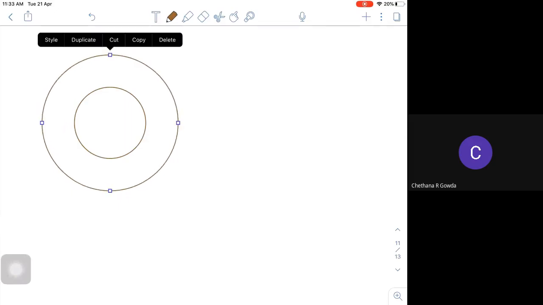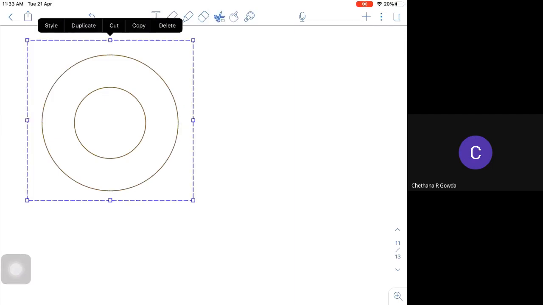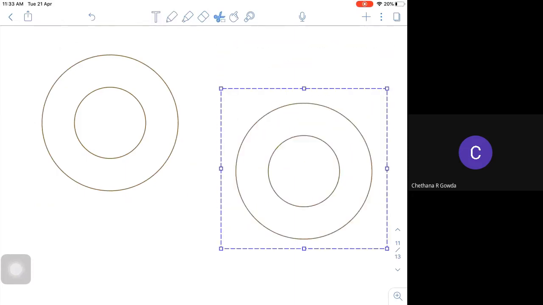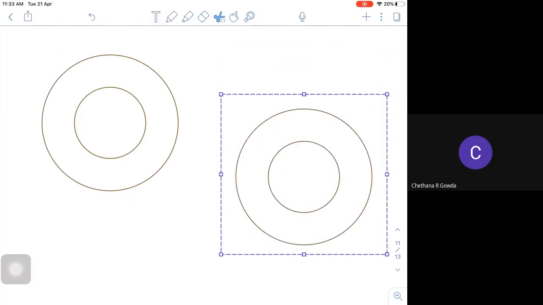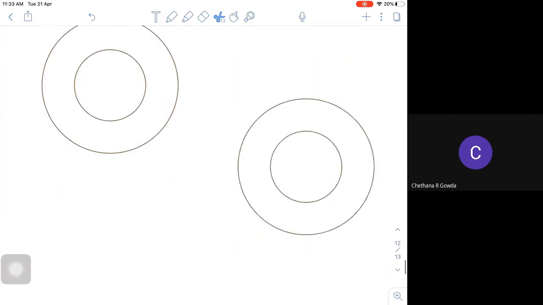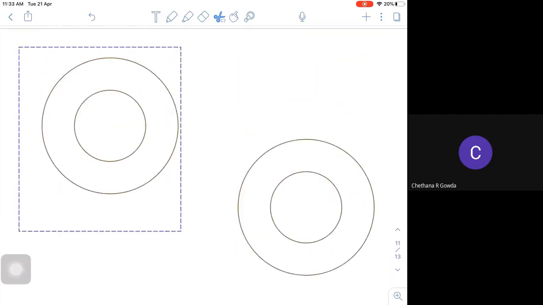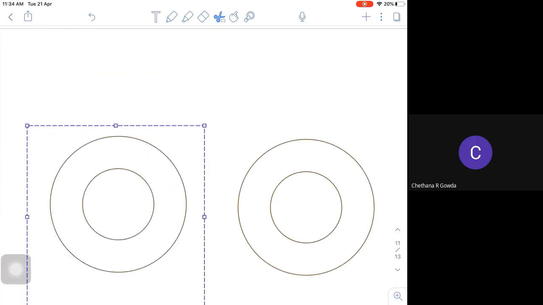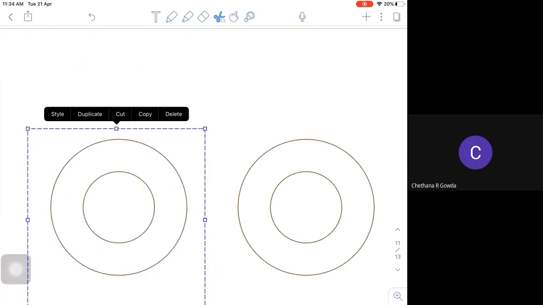This is my hub and tip. Okay, fine. So let's move on.